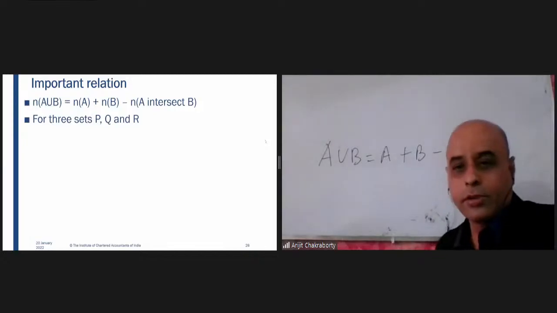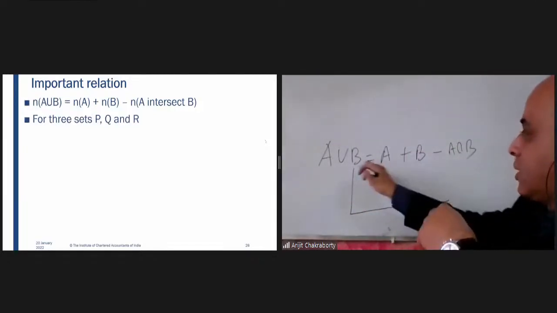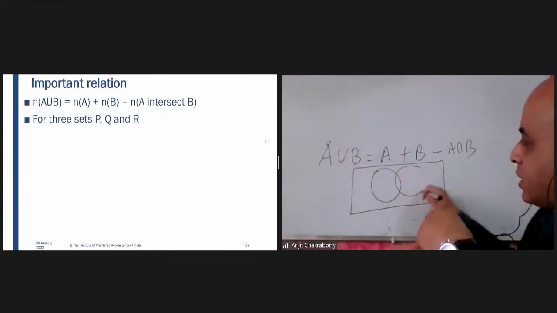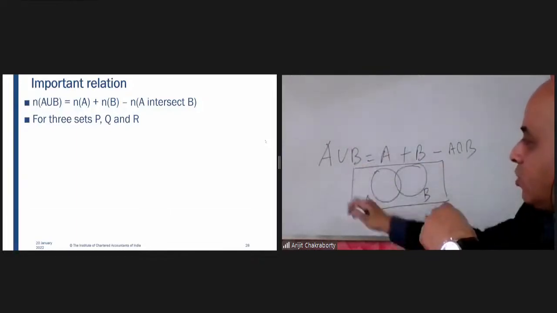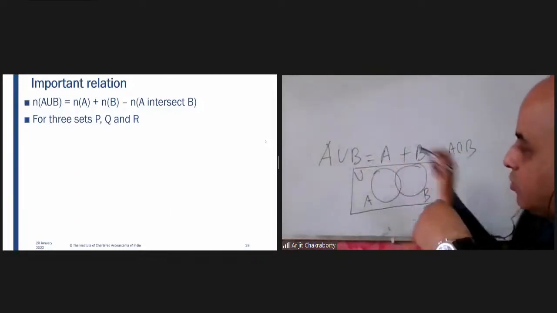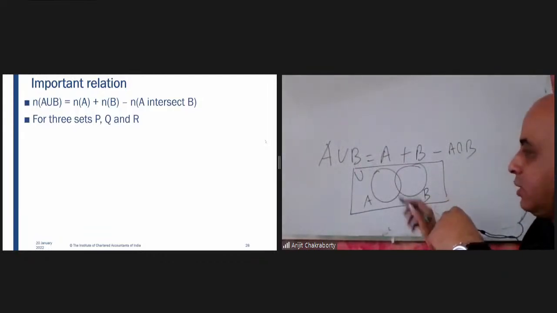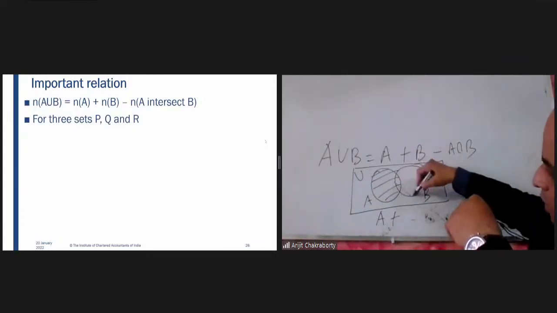So if I show it through a Venn diagram, what happens? If I draw a Venn diagram, this is set A, this is set B. This whole is the universal set U. So A union B will be the full A which you see here, plus the full B.